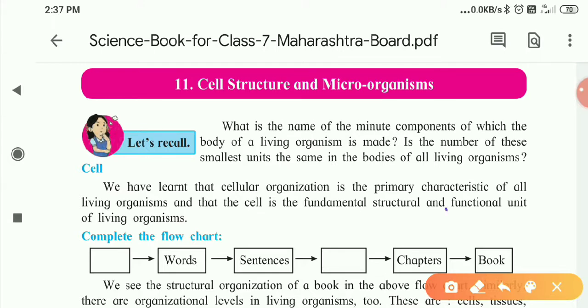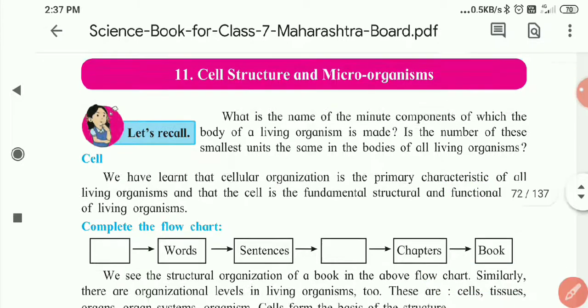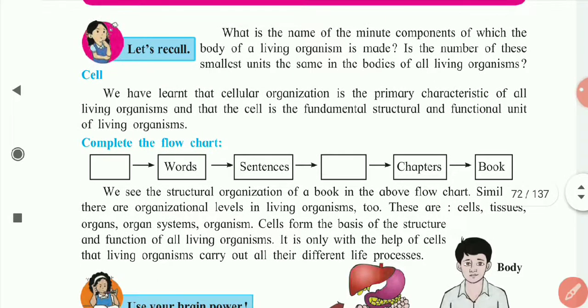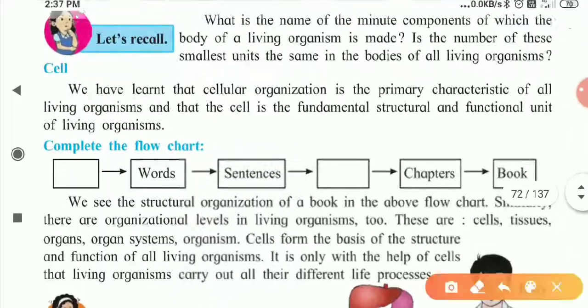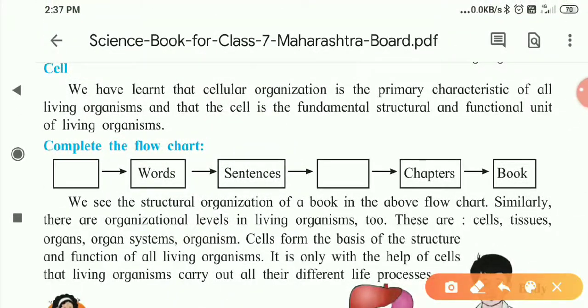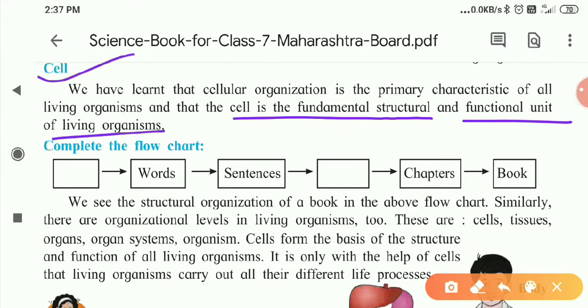In the same way in the cell also, the cell grows, reproduction takes place, respiration, digestion, circulation, all the activities going on in our body are going on in the cell too. Understood? So that's why it is written that the cell is the fundamental, structural and functional unit of the living organism.